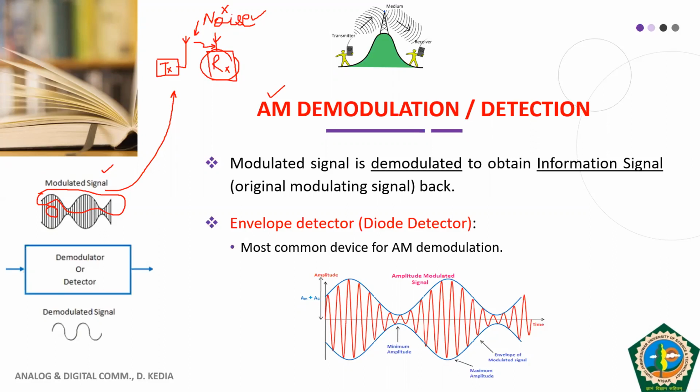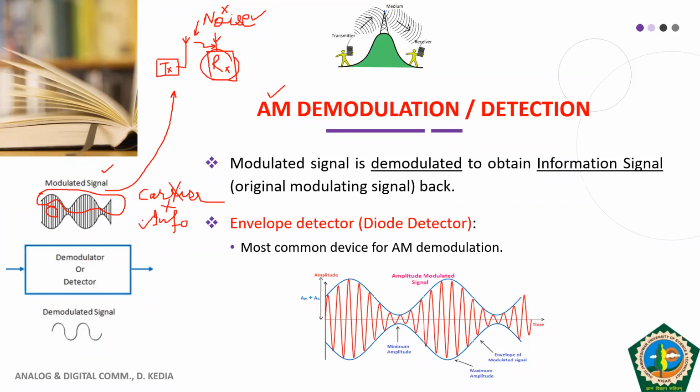We are assuming that noise has been removed. We have with us the modulated signal, and in it we have two things: the carrier and the information. So at the demodulator or detector, our job is now to remove the carrier.